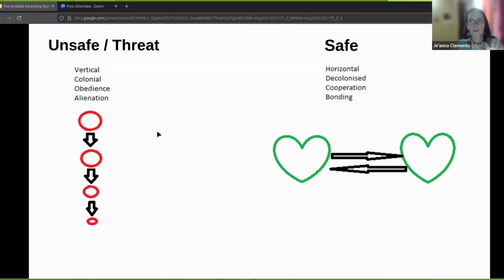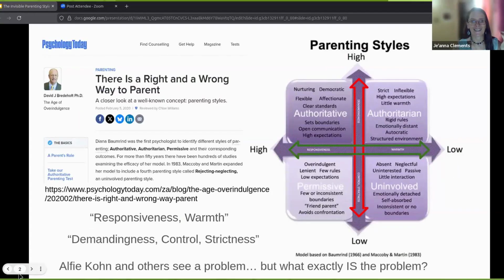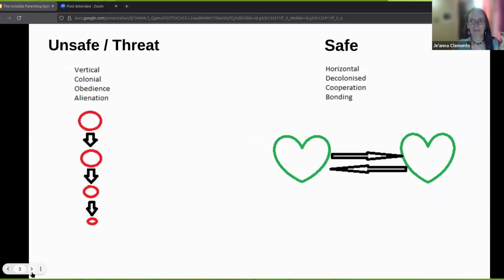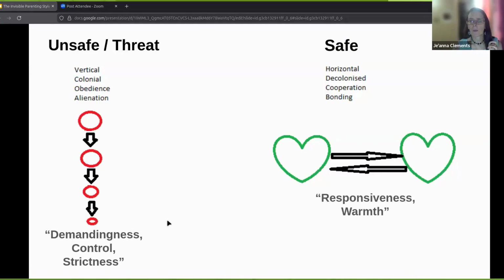Now, the important thing to notice here is what happens when we try to map this to what we just saw on the previous page, right? When we try to map them together with those two axes, those two sliders, maybe we first of all think, oh, well, demandingness, control, and strictness obviously belongs on this side. And then we might say, well, responsiveness and warmth belongs on this side.